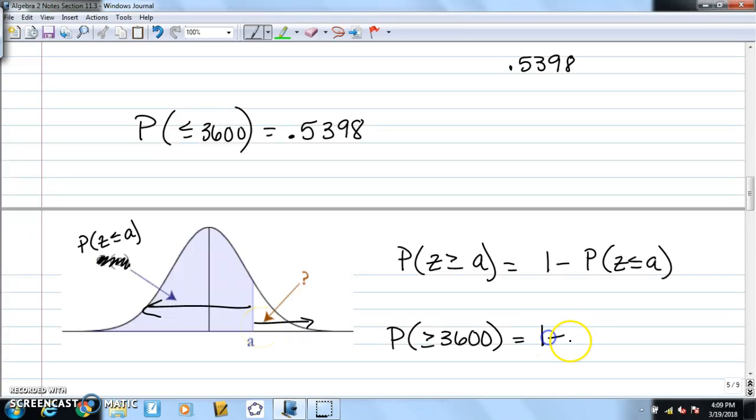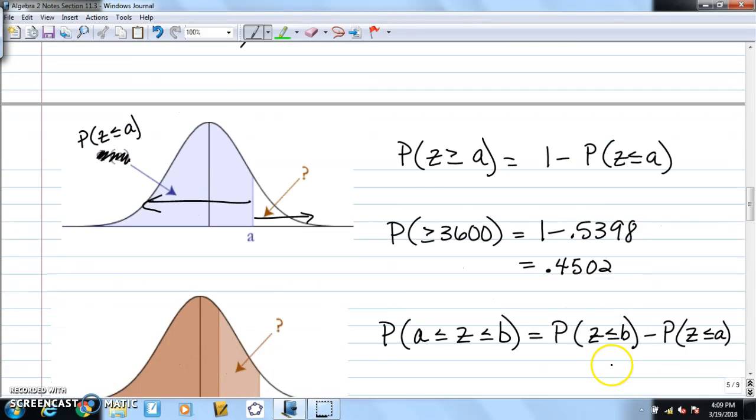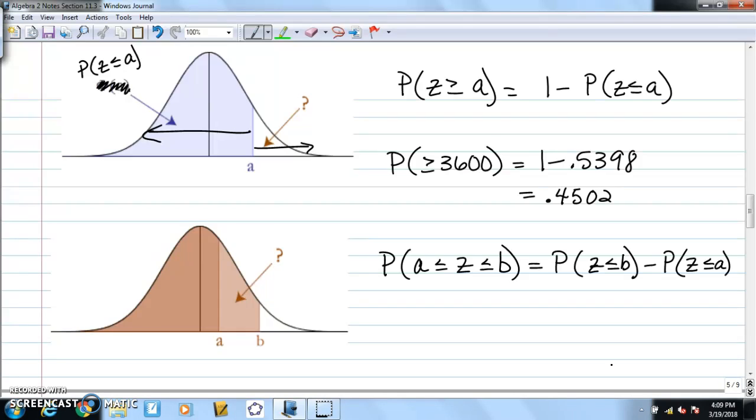It's simply 1 minus 0.5398, which is about 0.4602. So that makes sense. It's either this part or that part.